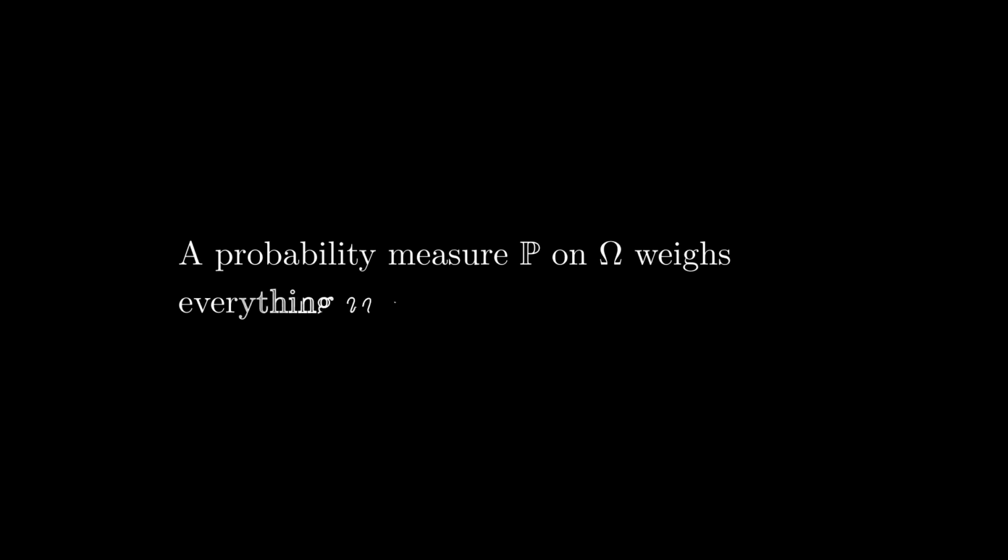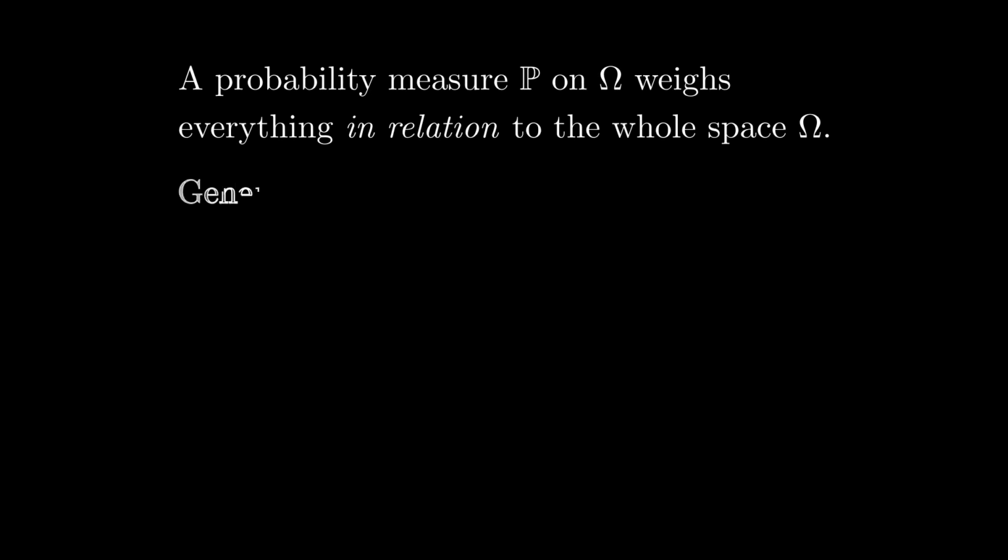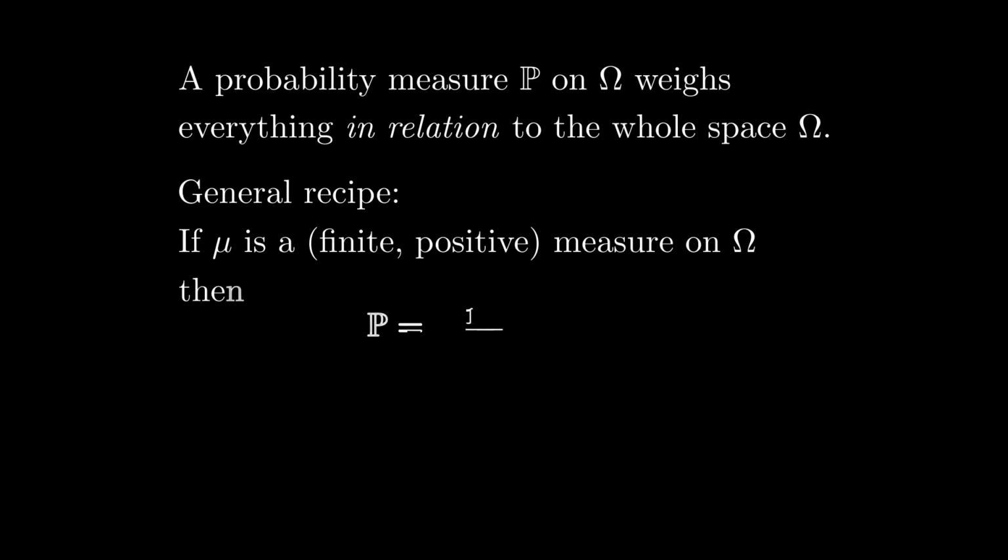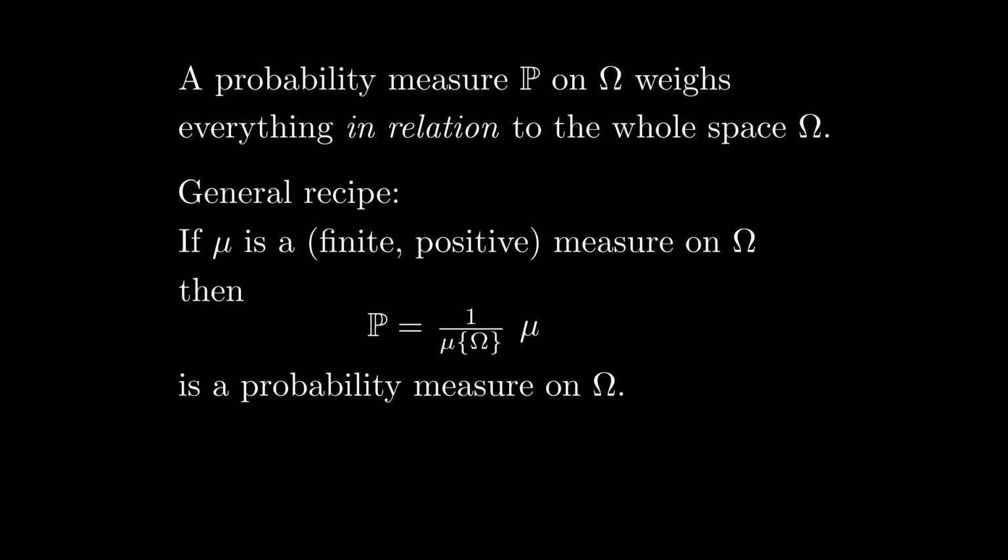It means that a probability measure measures everything in relation to the whole space. And this actually gives us a general recipe to construct probability measures. If we have a finite positive measure μ on our space Ω, we can get a probability measure P from that by simply normalizing μ by μ(Ω), which is the so-called normalization constant.